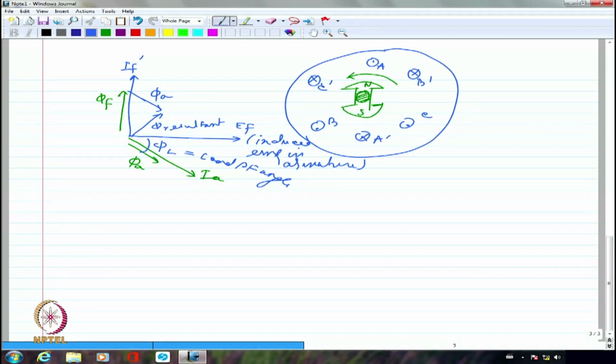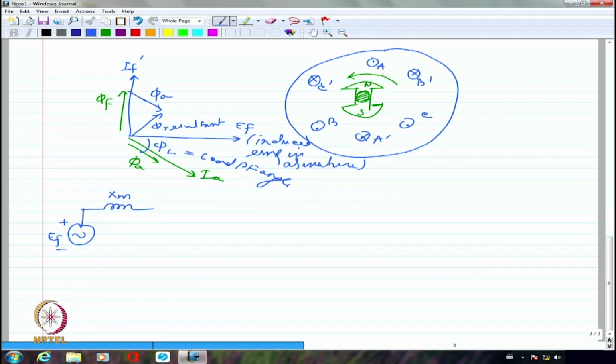Let me redraw that equivalent circuit once again. This is EF, which is the open circuit induced EMF in the stator side per phase. I have Xm, which was actually responsible for the armature EMF, which is actually perceived as a reactance drop.